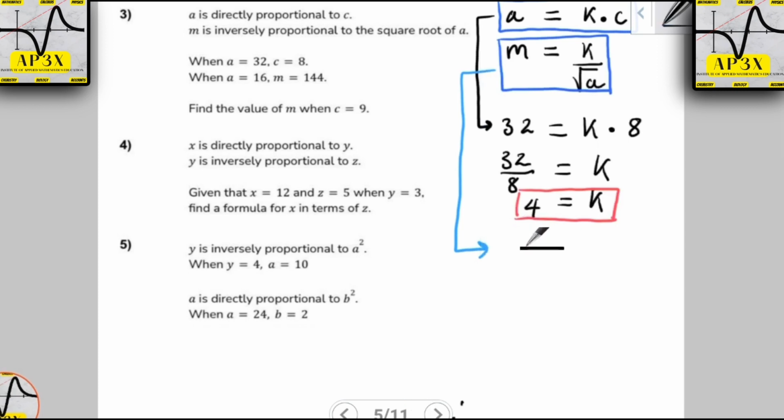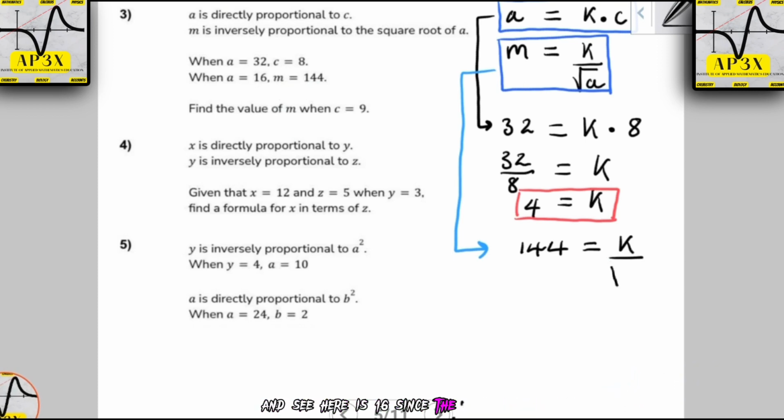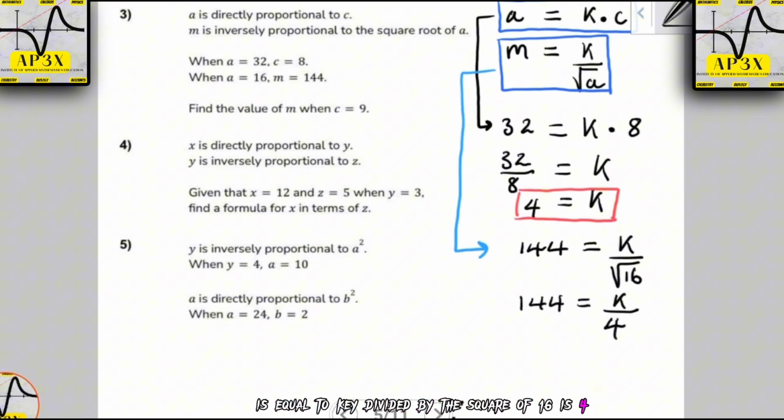So then A is 16 and M is 144, so 144 is equal to K, which is obviously unknown in this relationship, divided by the square root of A. A is 16, so it's the square root of 16, which is 4. So 144 is equal to K divided by 4.